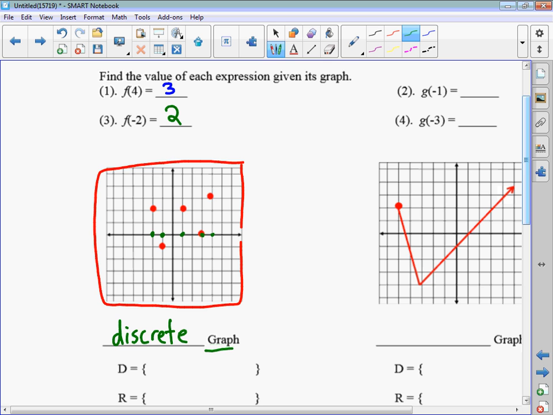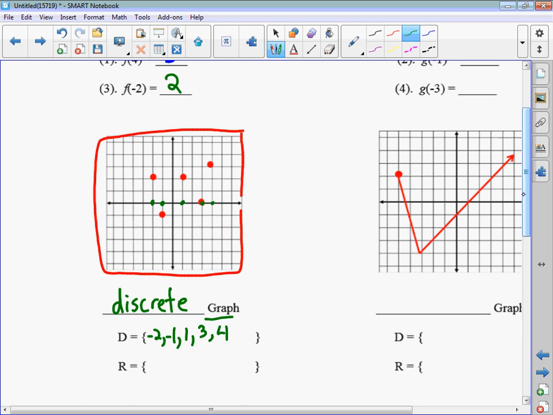So I have negative 2, negative 1, 1, 3, and 4. And my y values, I'm going to look at where my y values are. I have negative 1, 0, 2, and 3. So I have negative 1, 0, 2, 3.